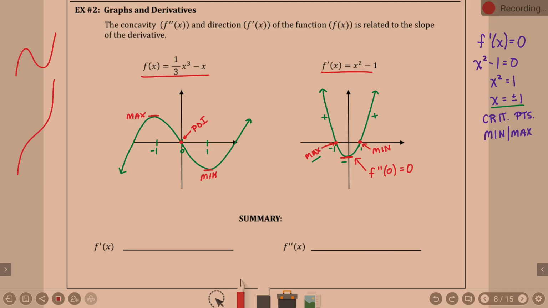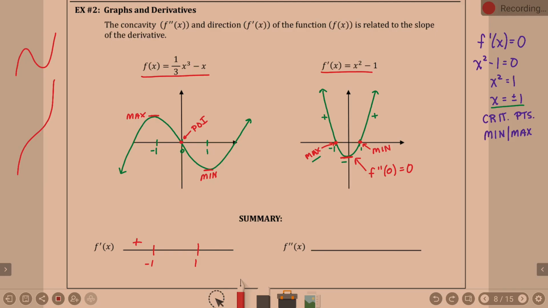Now, the summary they have down here is, okay, so first derivative, my critical points were -1 and 1. And if we look at each of those, to the left of -1, my derivative would be positive, because that's an increasing graph.